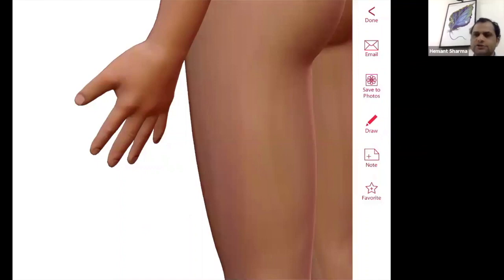So kindly wait, if possible, for 1 day or a minimum of 6 hours. Then you apply the second sitting. And you can tell the patients, whatever you have done, that energy circuit is going on in the body, so you will get the effect after some time.